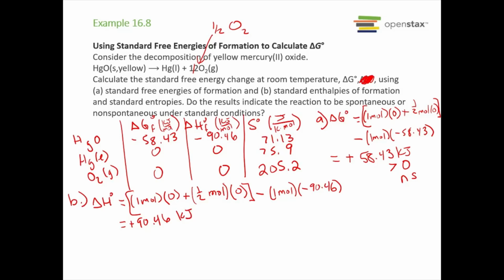And then our delta S term, same thing, products minus reactants, just different numbers.